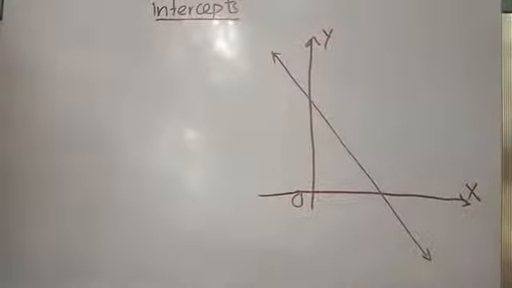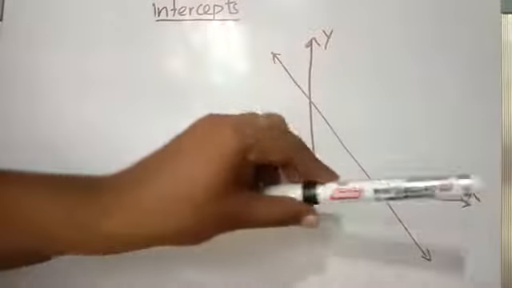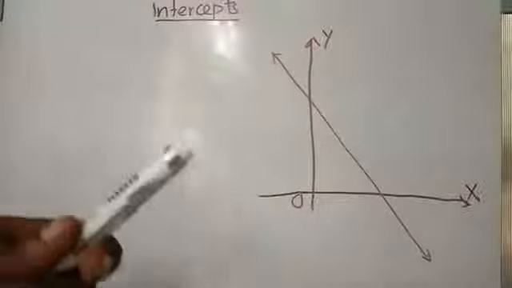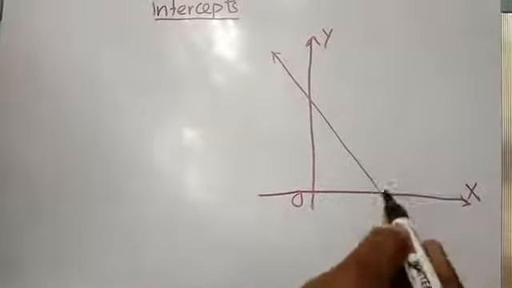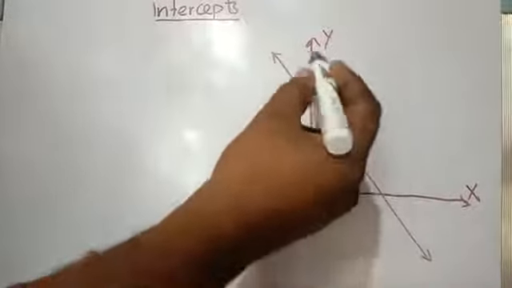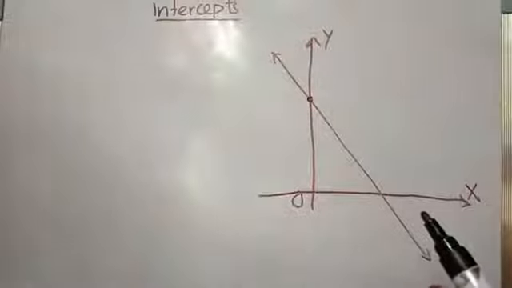Let us consider a coordinate system with x-axis, y-axis and a straight line. When you check this straight line, see this straight line cuts y-axis at a point.